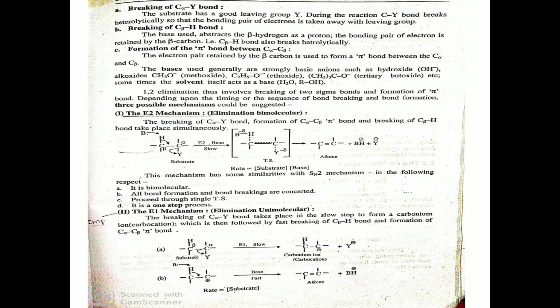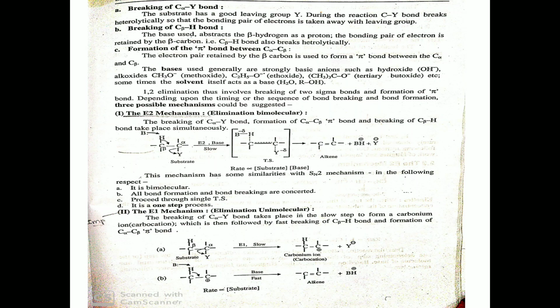The mechanism is started. First, E2 mechanism. E2 mechanism is the elimination bimolecular reaction. The breaking of the C alpha-leaving group bond, formation of the C alpha-C beta pi bond and breaking of the C beta-hydrogen bond take place simultaneously.